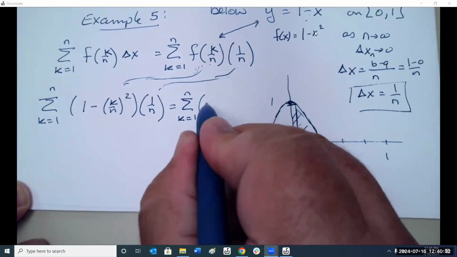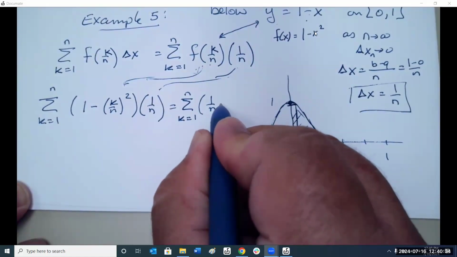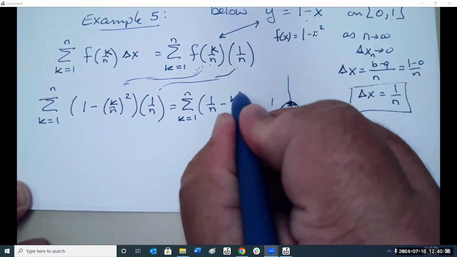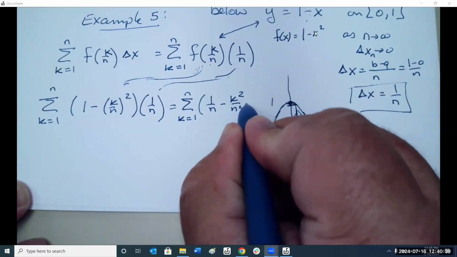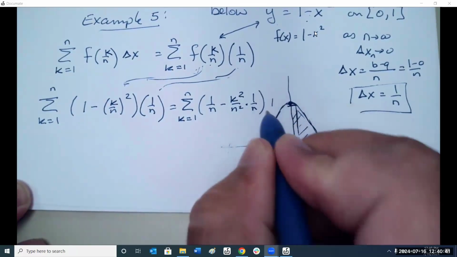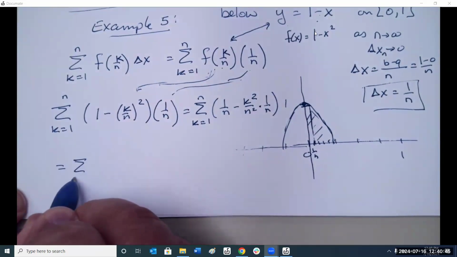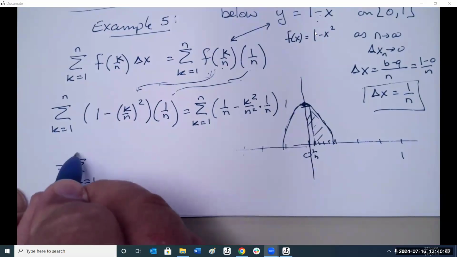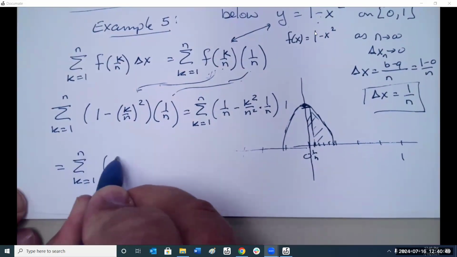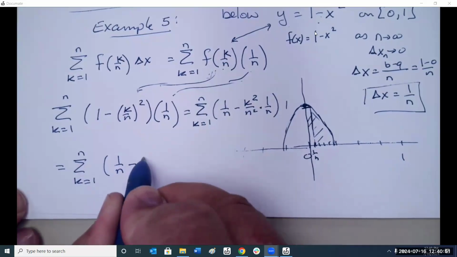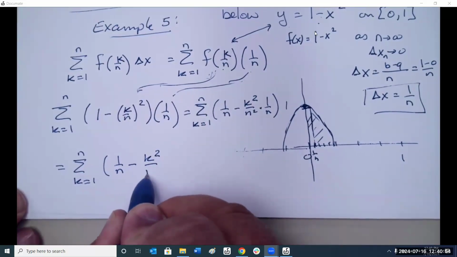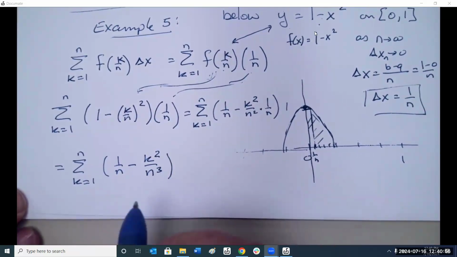So we have 1 over n minus k squared over n squared times 1 over n. One over n minus k squared over n cubed.